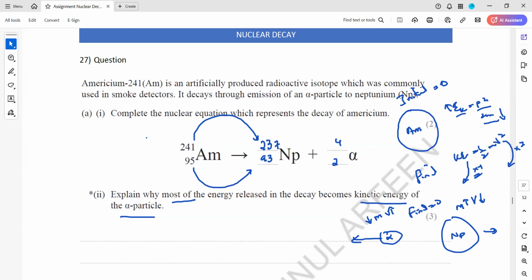The alpha particle and neptunium will move in opposite directions with the same momentum, and the kinetic energy is inversely proportional to mass if the momentum is constant. So the alpha particle has a lower mass, so it will have a greater kinetic energy. Is it clear, this question?